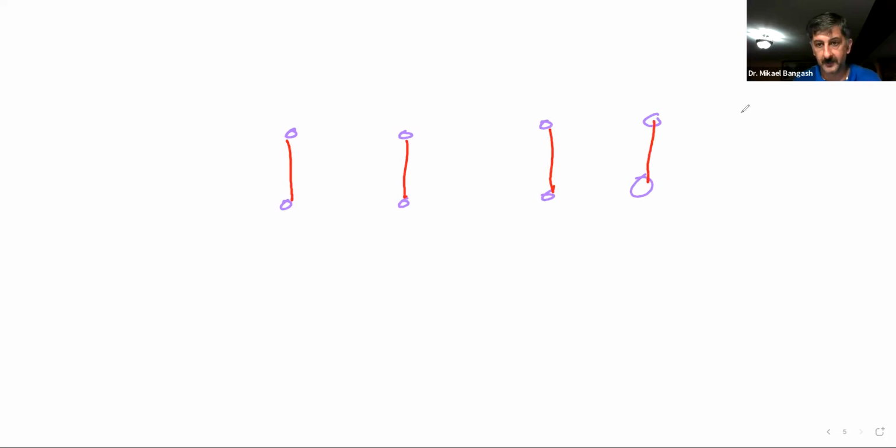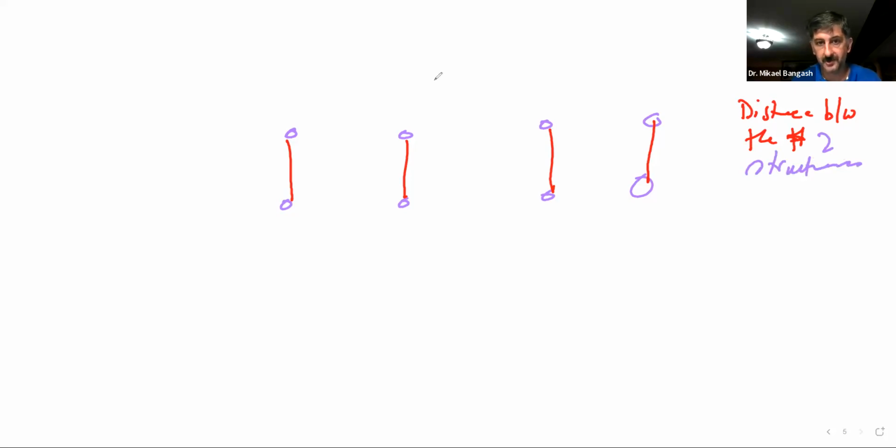This distance here is the distance between two structures.